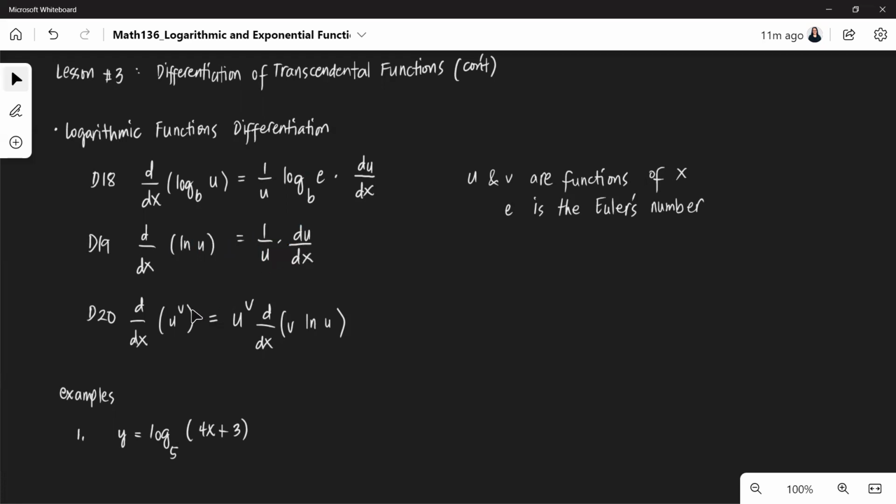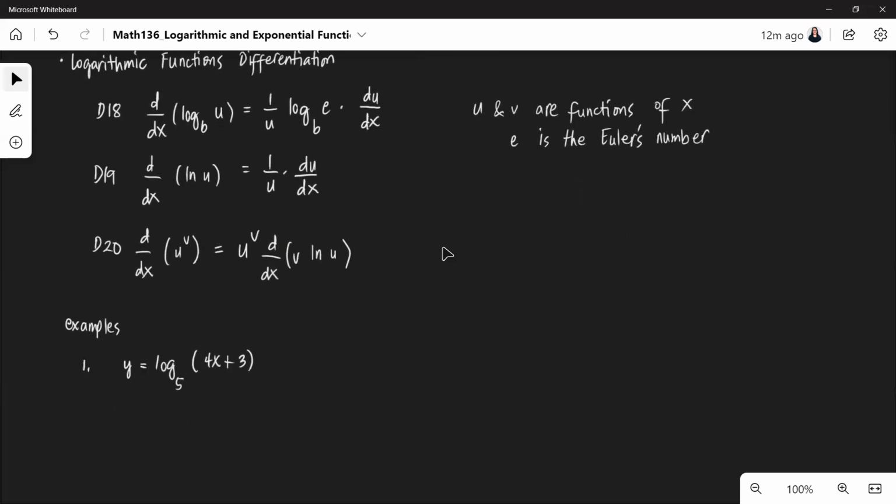And if we have u raised to power v, where v is also a function of x, its derivative is you simply copy the given function and then multiply it with the derivative of v times ln u. Okay, so just follow the format.